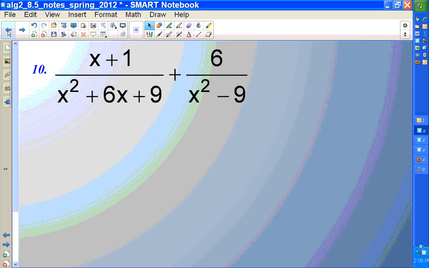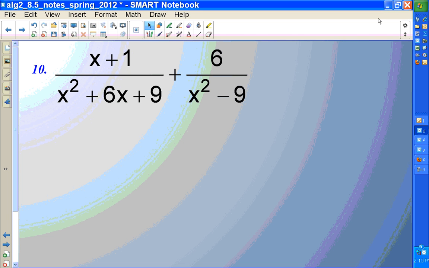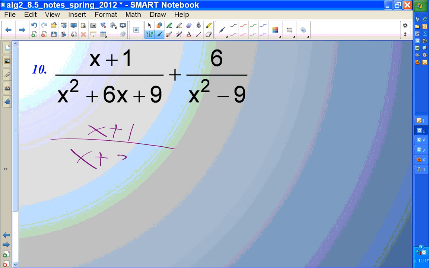Okay? Let's try this one. How does the left one factor? Yeah, and you want to write it as x plus 3 squared, not x plus 3 times x plus 3. How's the right one factor?